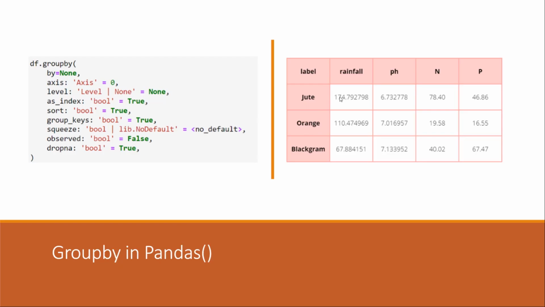Then what has happened? The mean for all other columns has been calculated based upon this row. So for jute, the mean for the rainfall is this, the pH value is this, N is this, and P is this, and so on. Same thing has happened with orange and other rows as well.